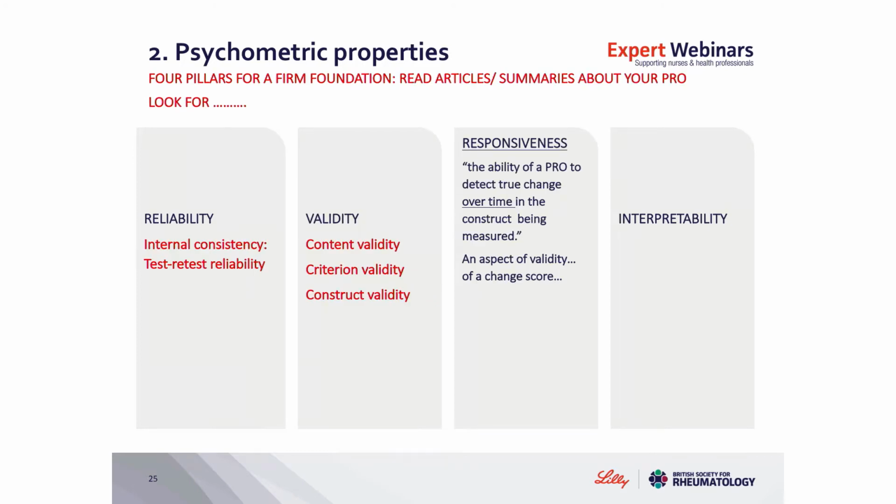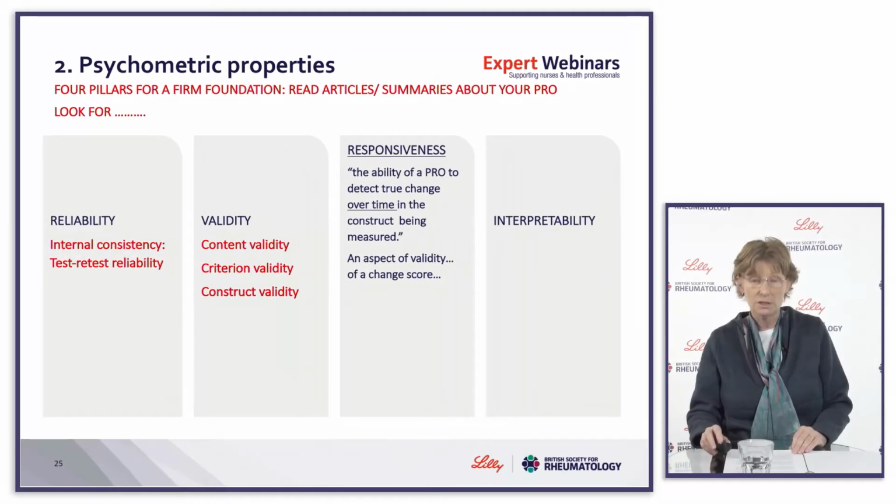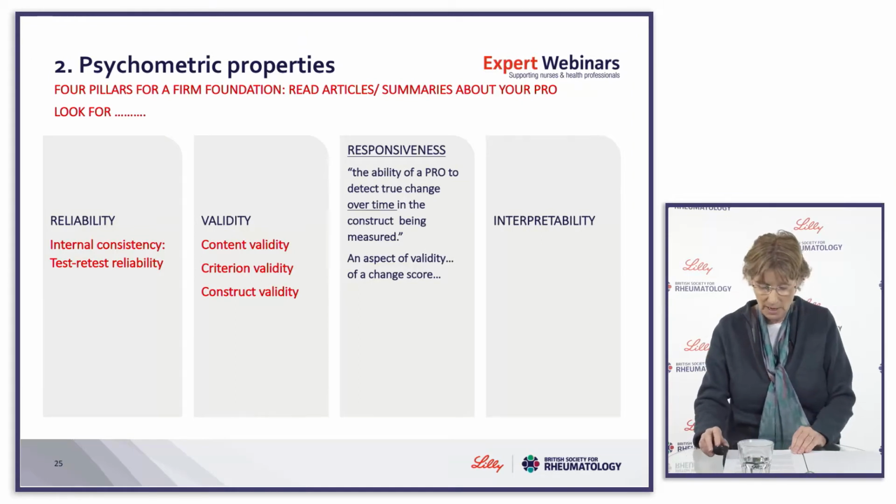So next we look for evidence of responsiveness. Can a PROM detect true change over time? It examines whether scores actually change in people you expect to either improve or deteriorate. For example, Sarah Hewlett and team developed the RA self-efficacy scale, evaluating confidence using a range of self-management behaviours.